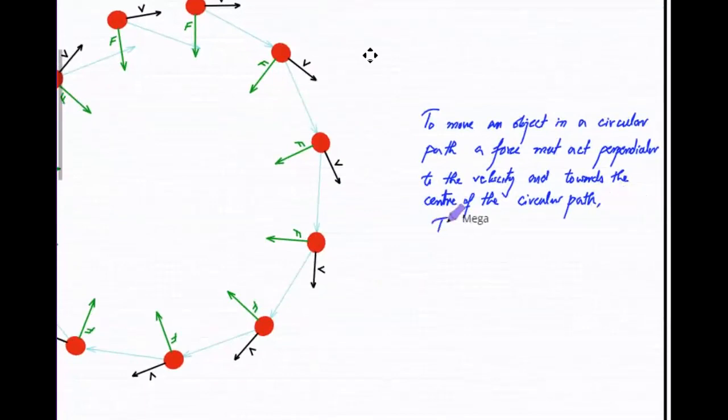This force is called centripetal force. Centripetal force, a force that is pointed towards the center of the circular path.